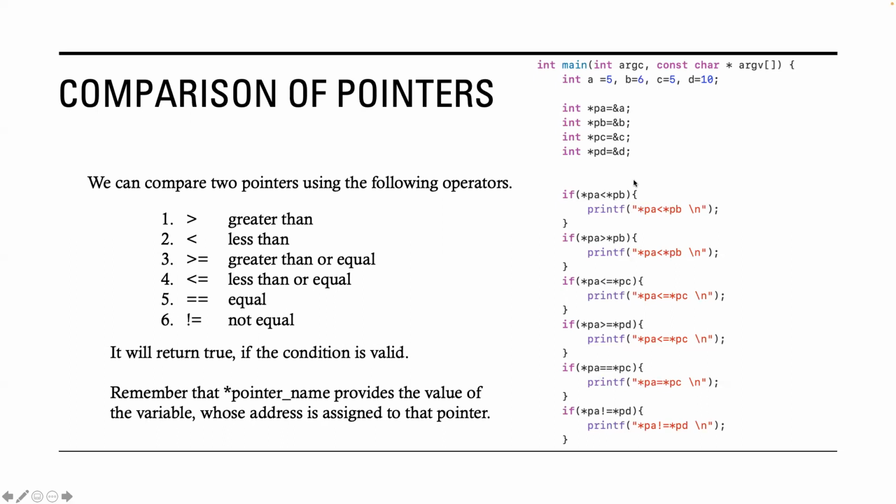So it is easy to understand. The only thing you need to understand is that if I use the star mark before the pointer, then I am getting the value of the variable to which it points. That is the main thing you need to understand.